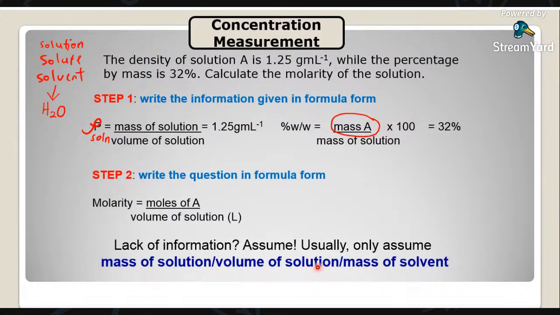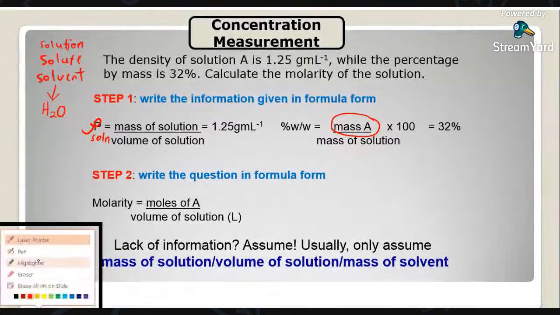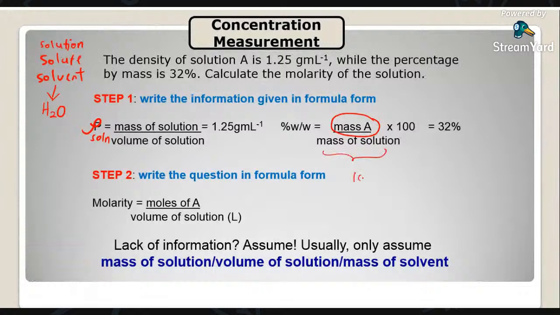To get moles of A, of course we need mass of A. So to get mass of A, we can assume mass of solution. To make our life easier, we can assume mass of solution as 100 gram.